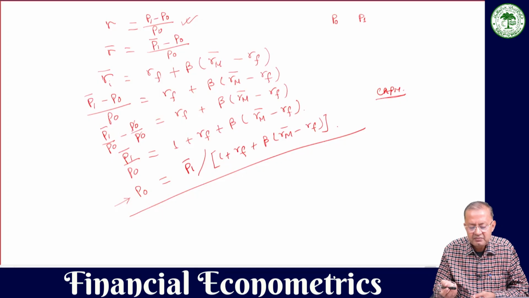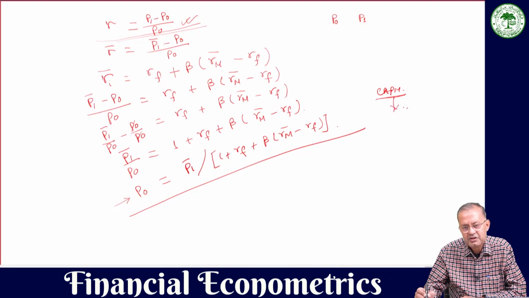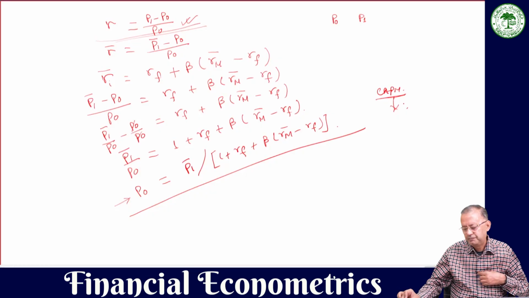So we said that as the rate of return is expressed in terms of prices, this equation can also be solved for the prices. It is not mentioned explicitly, but implicitly it is there. That is why the name is capital asset pricing model. So this is all about your capital asset pricing model, and this is all about today's lecture. Thank you very much.